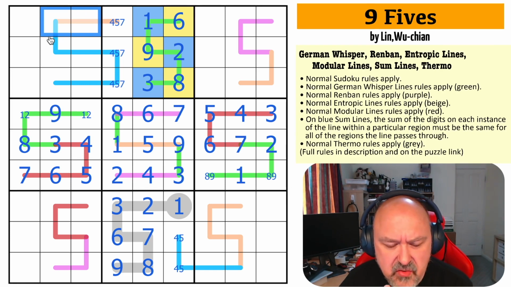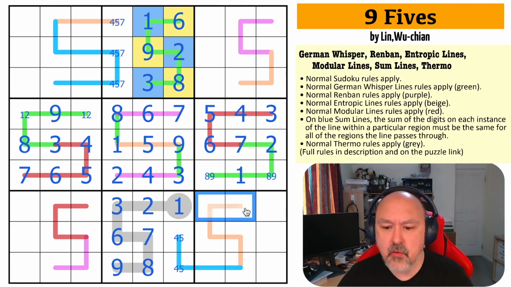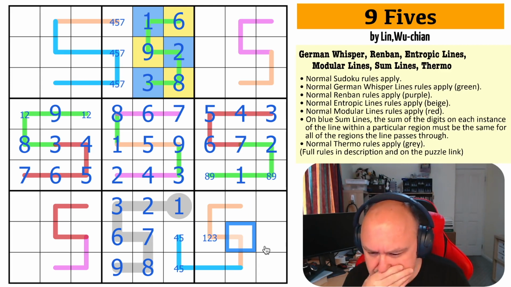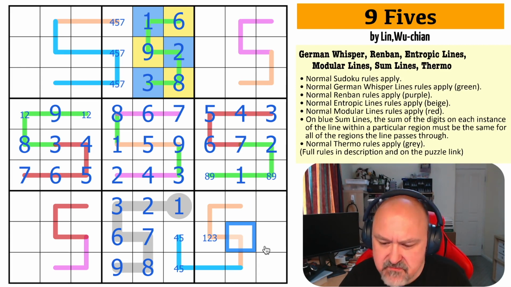Getting into these corners could be tricky. There's no low here. So this has to be a low digit. This is a 1, 2, or a 3. So this is middle or high. If it's middle, it's 5 because it sees 4 and 6.